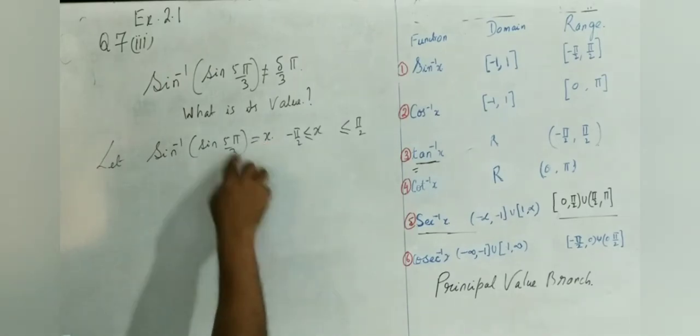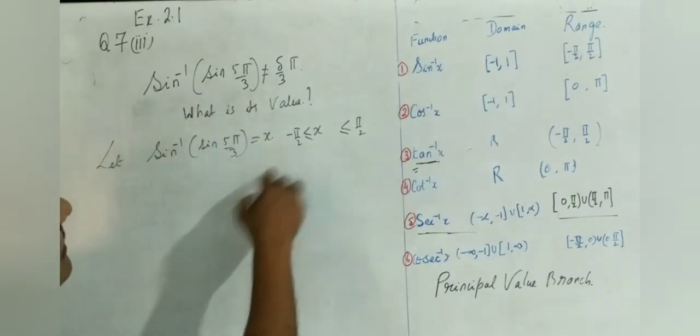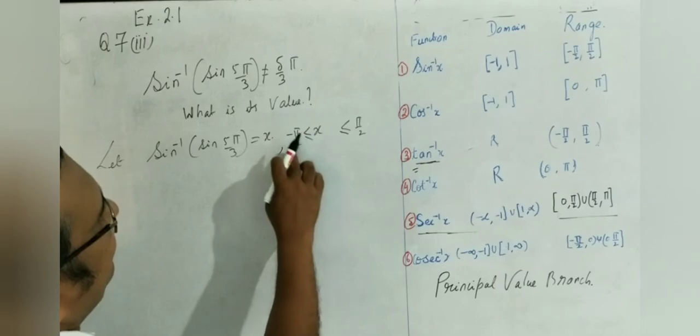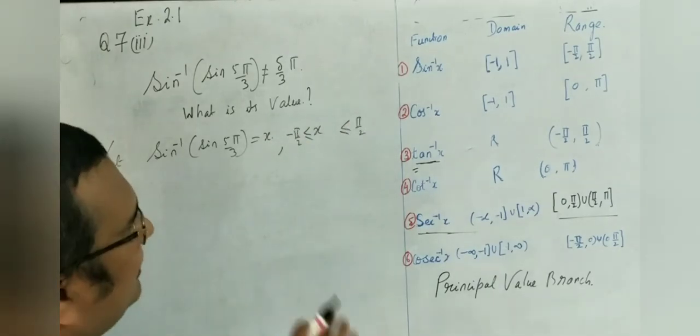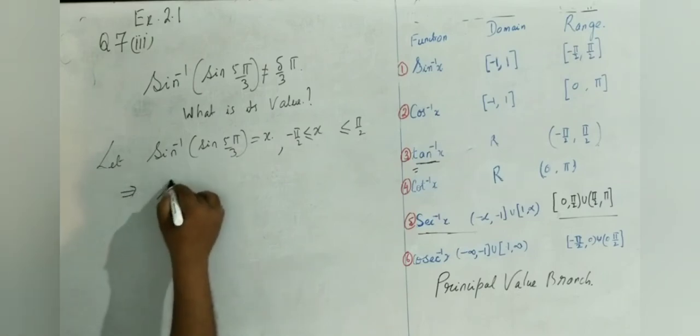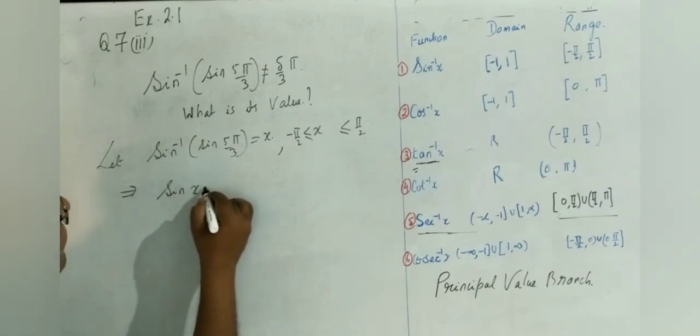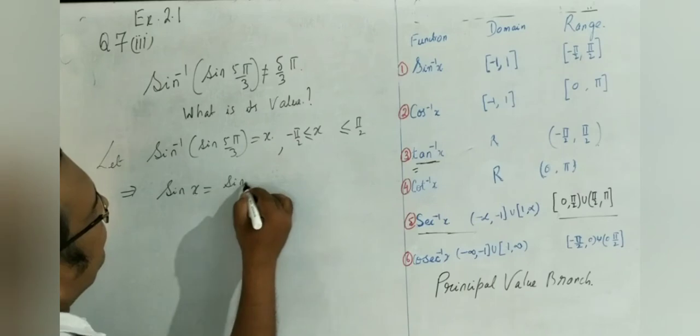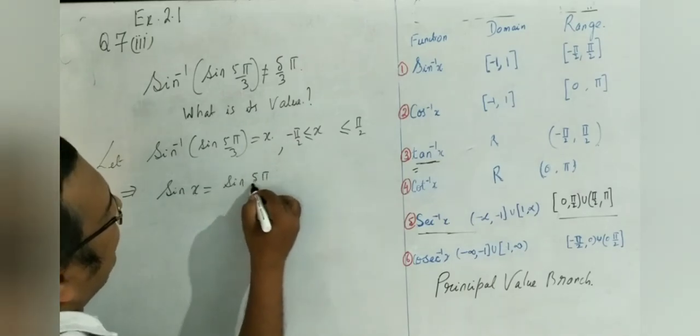Then what is its value? Let x be this, where x lies between minus pi by 2 to pi by 2 in a closed interval. So I will write here sine x is equal to sine 5 pi by 3.